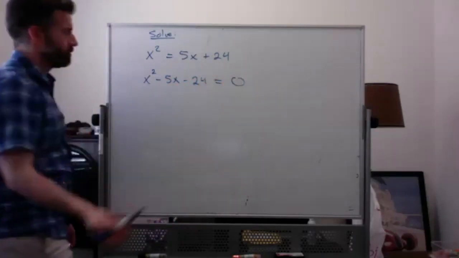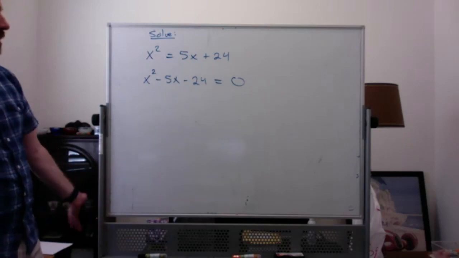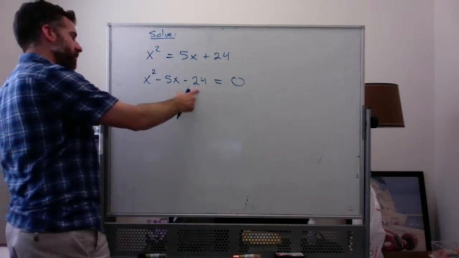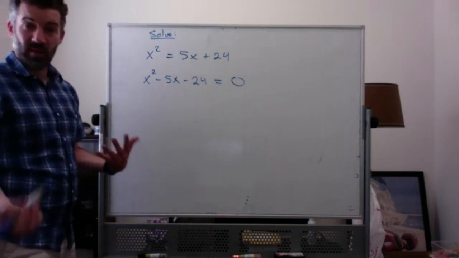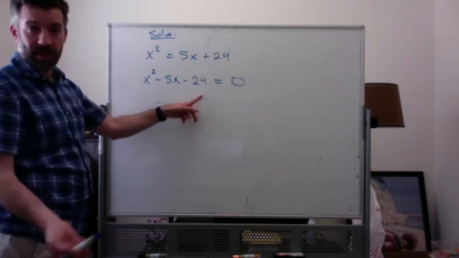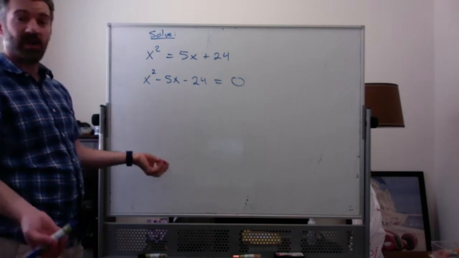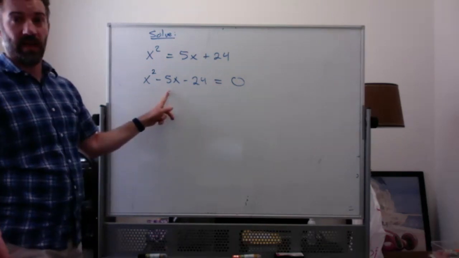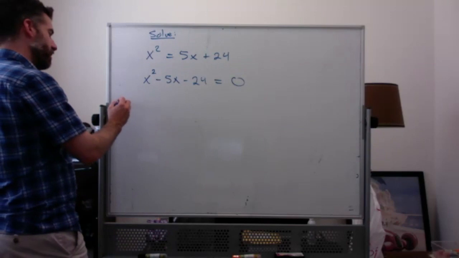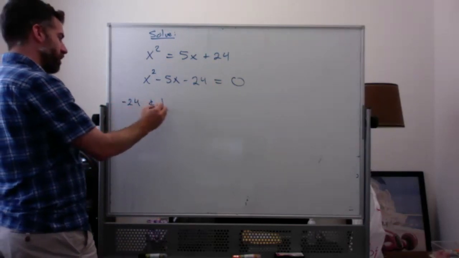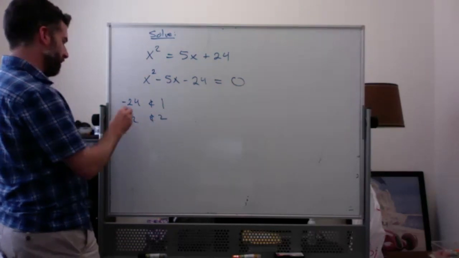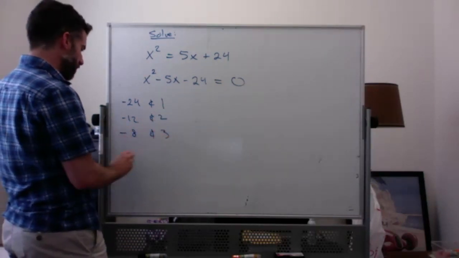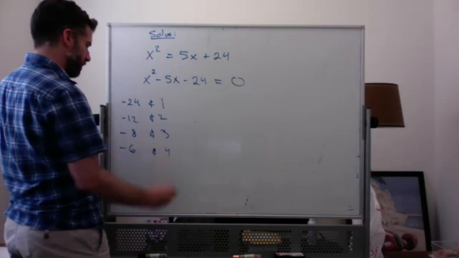That's equal to 0. And now I'm looking for numbers that multiply to -24 and add to -5. So I know one of them has to be negative and one of them has to be positive, right? If you're going to multiply to a negative. And the bigger one should be negative because I'm adding up to a negative. So I'm thinking like negative 24 and 1, or negative 12 and 2, or negative 8 and 3, or negative 6 and 4.